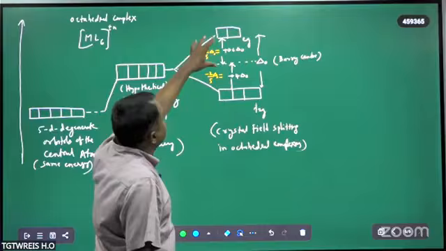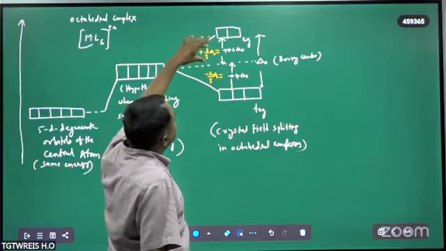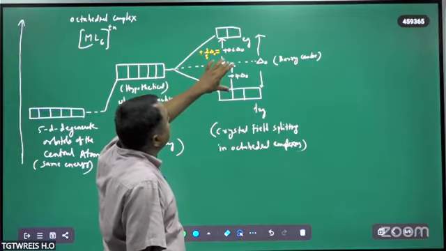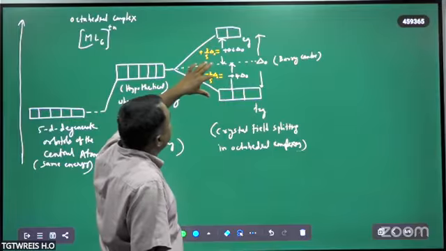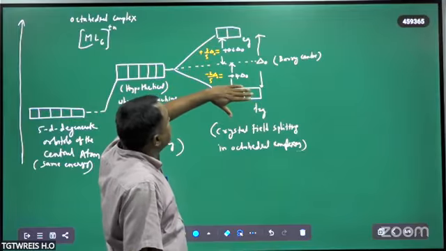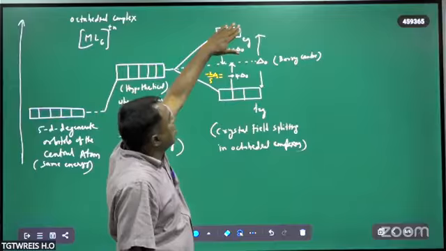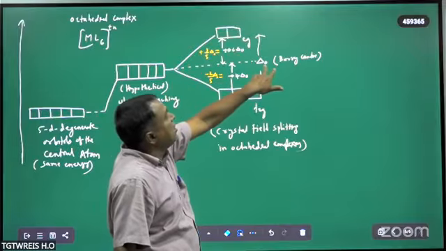The energy gap between the barycenter and the lower energy t2g is minus 0.4 delta naught, or minus 2 by 5 delta naught. This is the lower energy orbital and this is the higher energy orbital. The energy gap between them is delta naught.